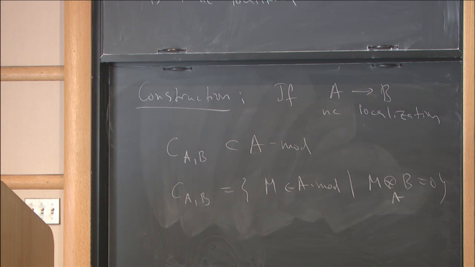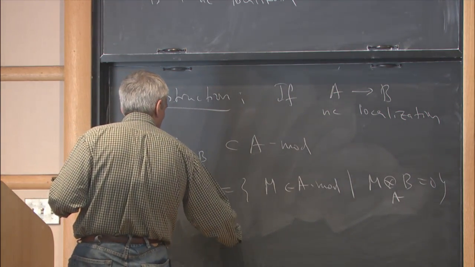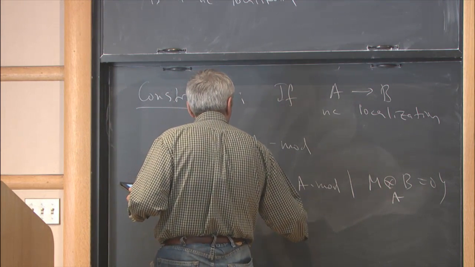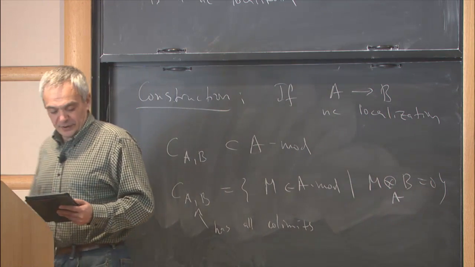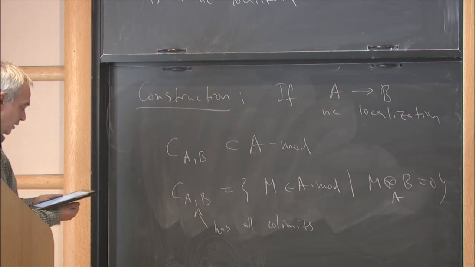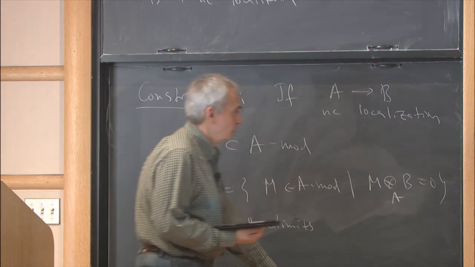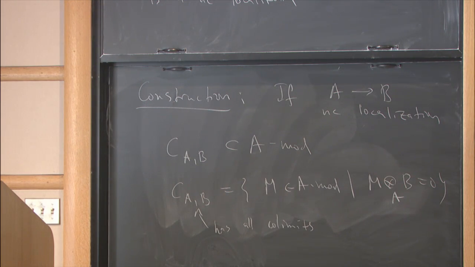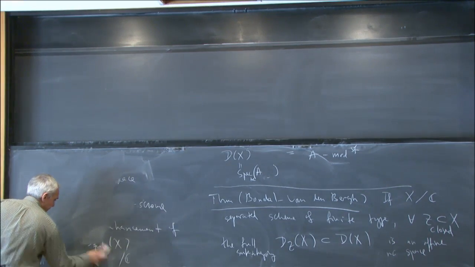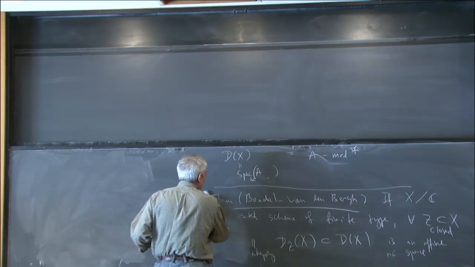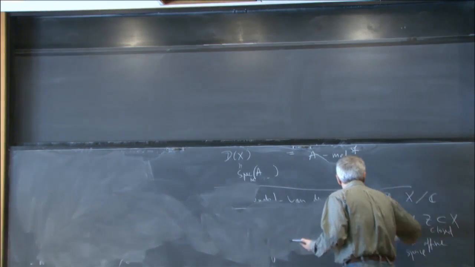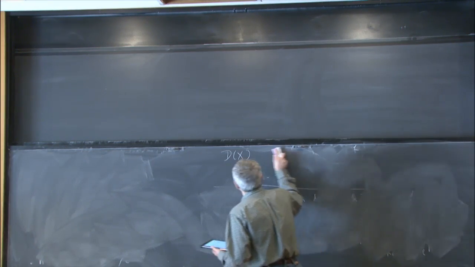And this has all colimits, so it gives you a non-commutative space. But in general, it doesn't have any compact objects. The only natural object in there is the cone of the map from A to B, and it's not compact. So it is a natural non-commutative space, which in general may not have a generator, may not be affine.